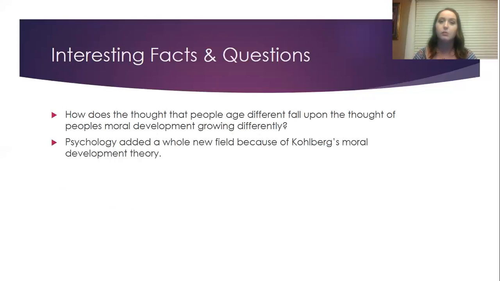I know a lot of people think boys age differently than girls, but do boys have a different moral development than girls? I think it would be interesting to look into. A fact about it was psychology actually added a whole new field because of Kohlberg's moral development theory. There was extensive research and a lot more books written just because of this theory. I think it's really awesome. It did really good for psychology.